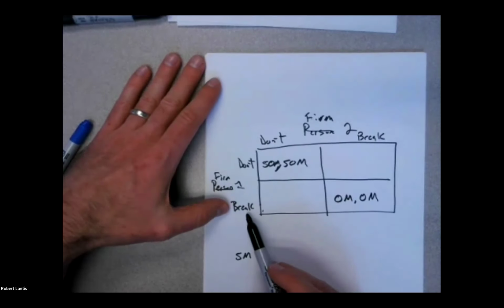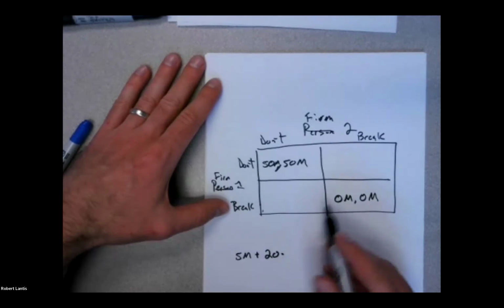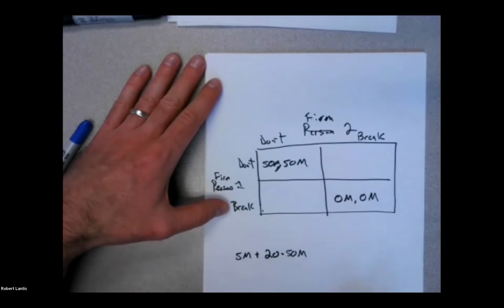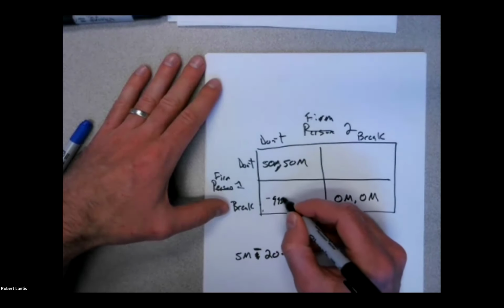Well, I know that if I break the agreement today, the long run payoffs will be that I gain 5 million today, but let's say for the next 20 years, I'm going to lose out on $50 million of profits, right? So this wouldn't be a positive, this would be negative. Well, here then the payoff would be what? I'm doing math in my head correct, right?